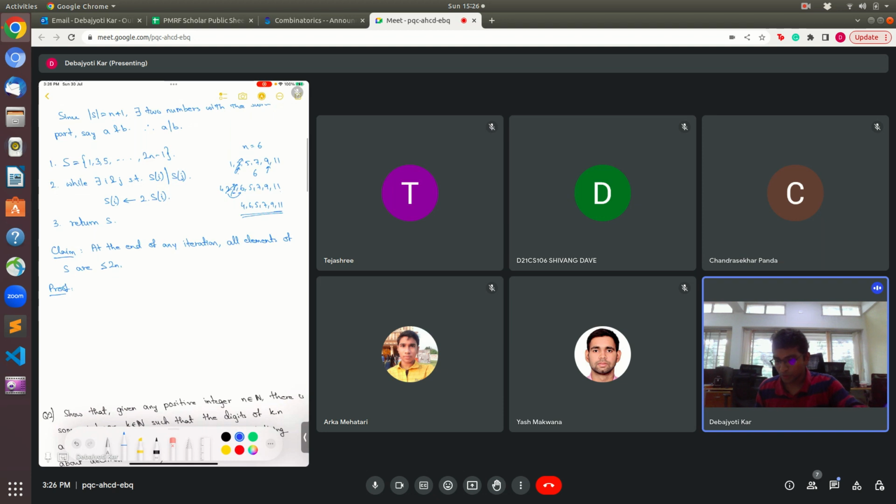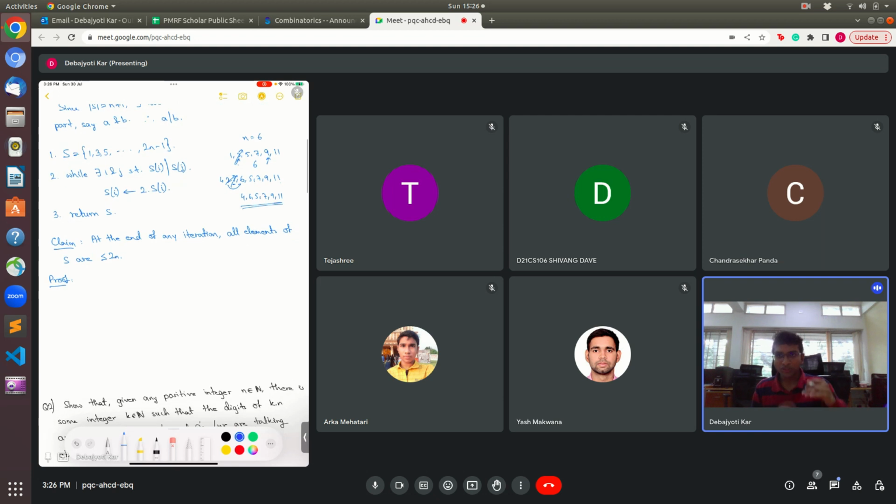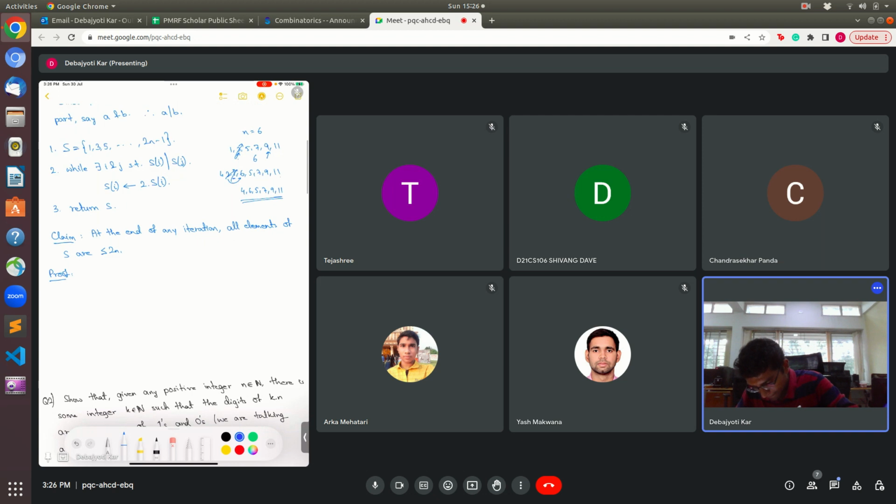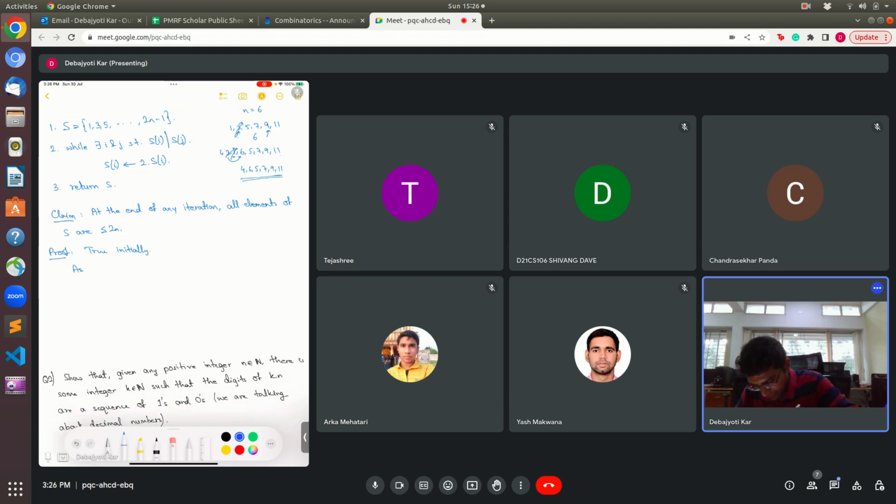So initially this is true, because initially 1, 3, 5 up to 2n minus 1, all these numbers were less than or equal to 2n. Now suppose up to some iteration it is true, right? Okay, now what is happening in this iteration?